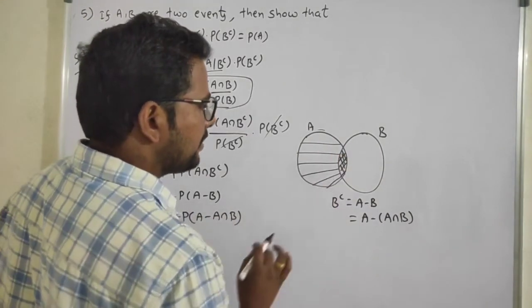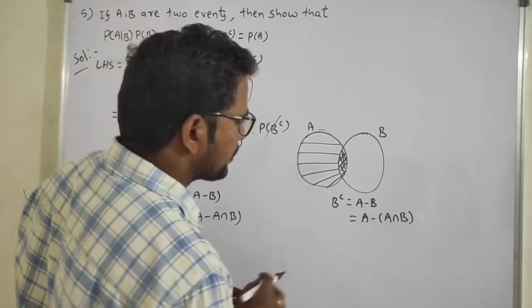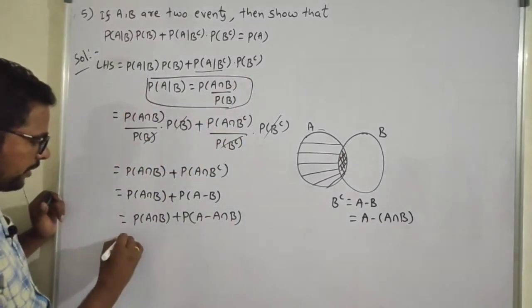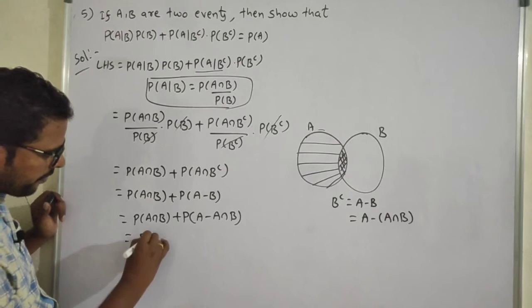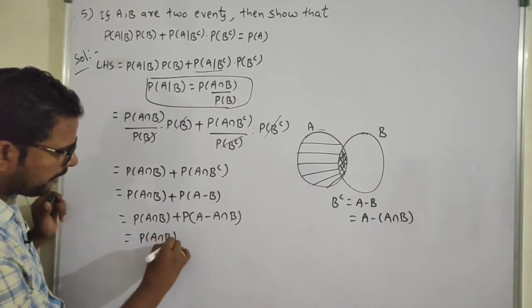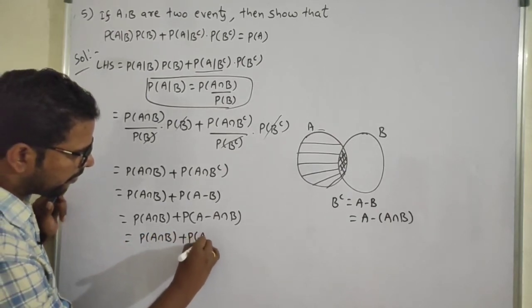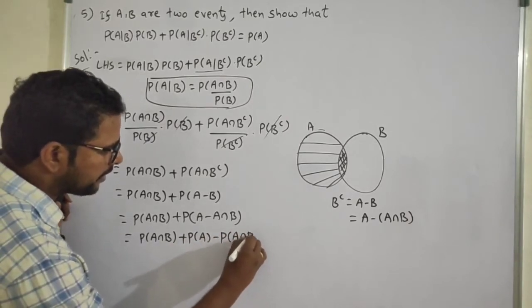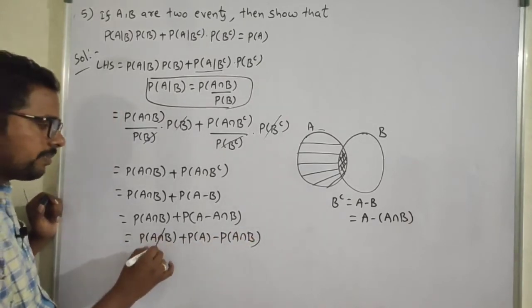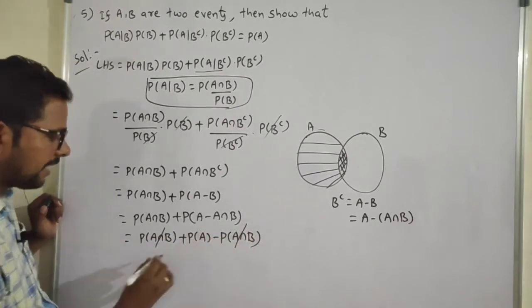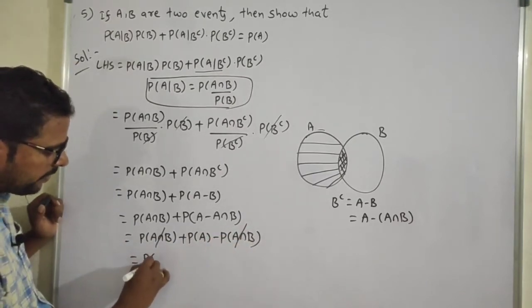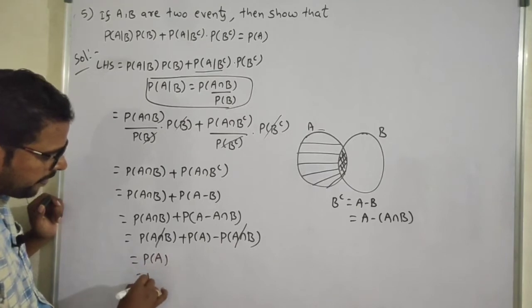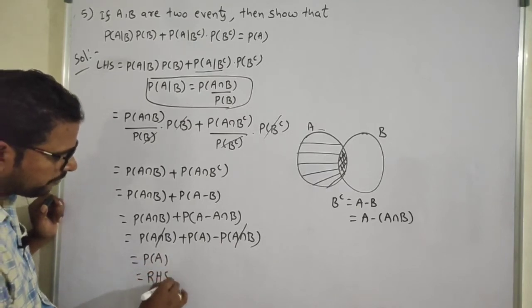Now we can apply probability: P of A intersection B plus P of A minus P of A intersection B. Here P of A intersection B minus P of A intersection B will get cancelled, which equals P of A. This is the RHS.